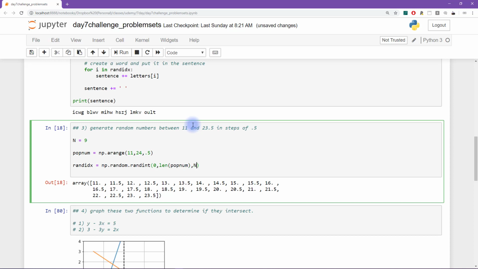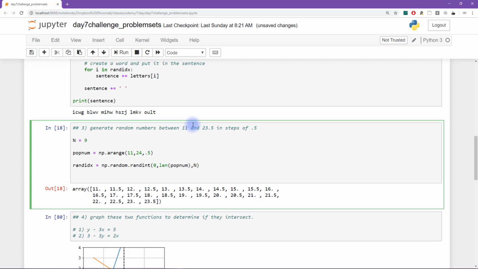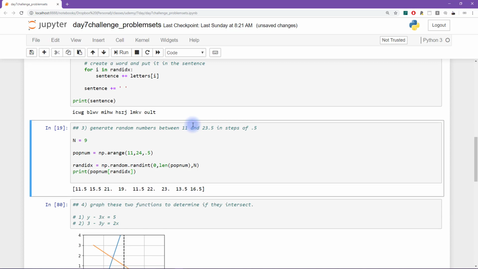And I want n of these numbers. And then I'm just going to print out the population of random numbers. And then we want, in particular, these random indices. Okay, so that looks good. And then we can run this a few times. You see that it's different each time.